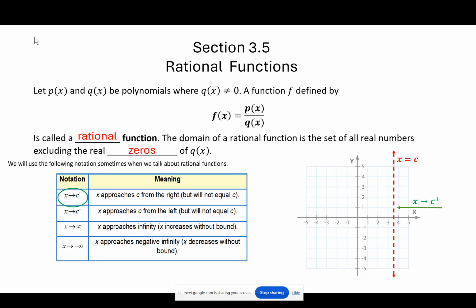If you have x with an arrow and c with a negative sign, it means that x is approaching c from the left side. And when you have x approaching infinity, you're just talking about x increasing without bound. And if you're talking about x approaching negative infinity, you're talking about x decreasing without bound. So that's just some notation that I think you all probably already know.